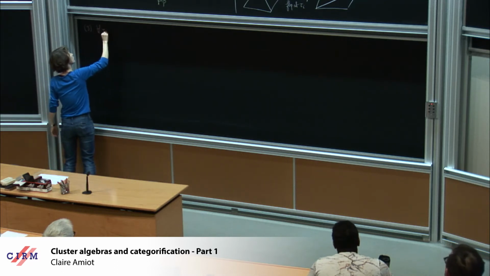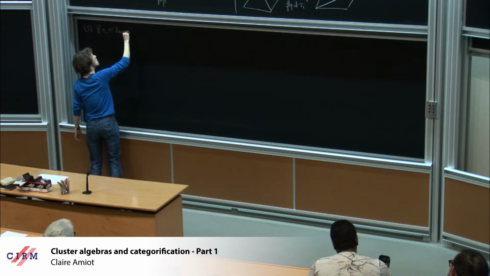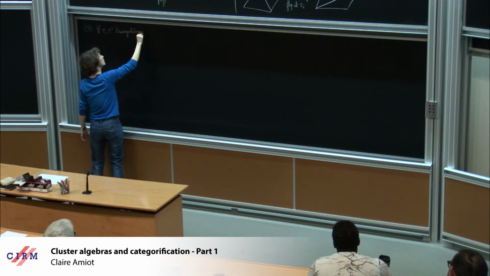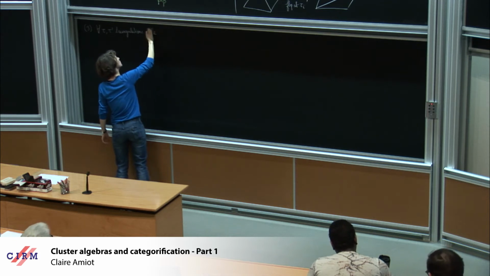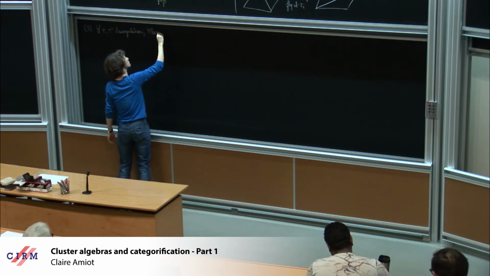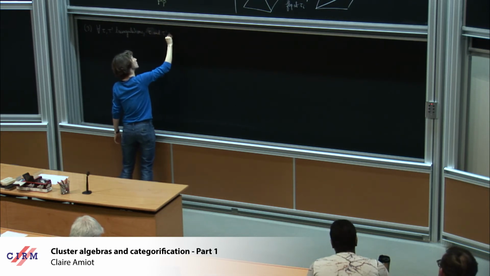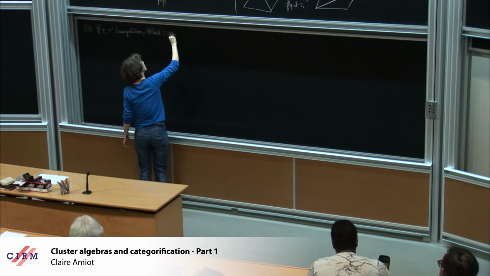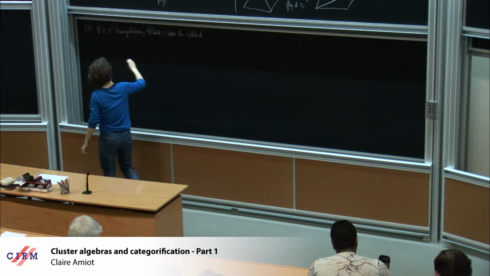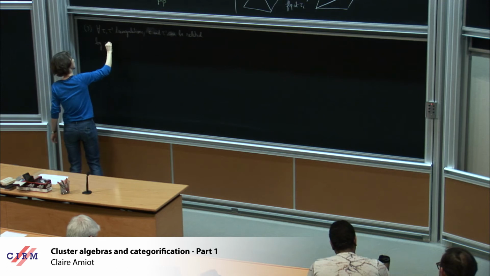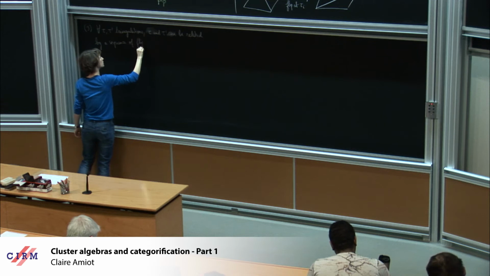For any two triangulations, tau and tau prime can be related by a sequence of flips.